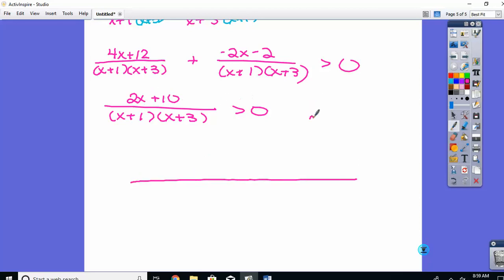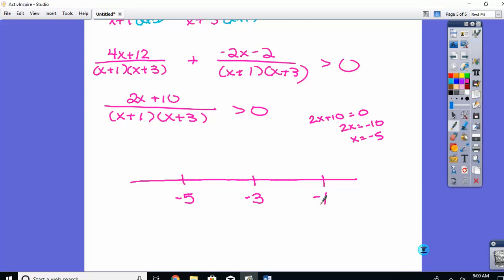So the top, if you do 2x plus 10 equals 0, we get negative 5. What would make x plus 1 0? Negative 1. What about x plus 3? Negative 3. So this time we have 3 numbers to plot. You have to put them in order, small to large, so we have negative 5, negative 3, and negative 1.